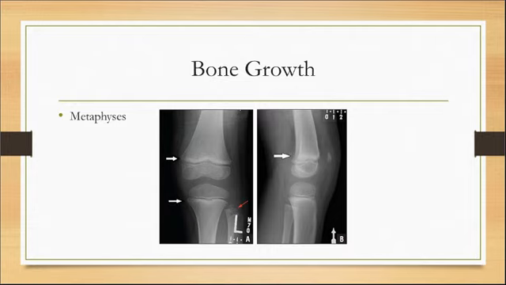So this is our knee, with an anterior or posterior view on the left and a lateral view on the right. The metaphyses are growth centers that disappear at maturity, becoming vague epiphyseal lines. They will just close together and make a really thin, almost pencil line on the radiograph as the person ages.